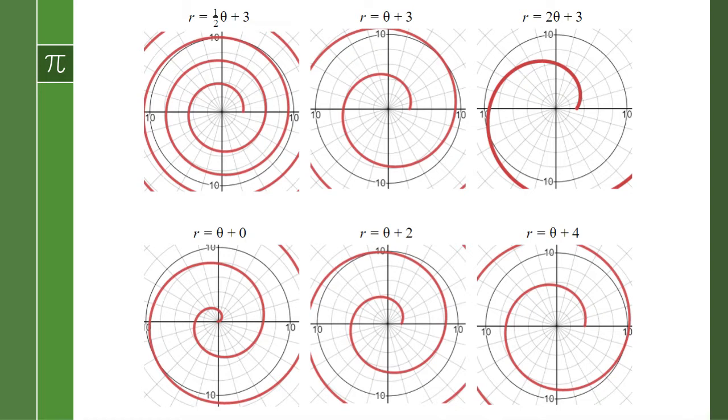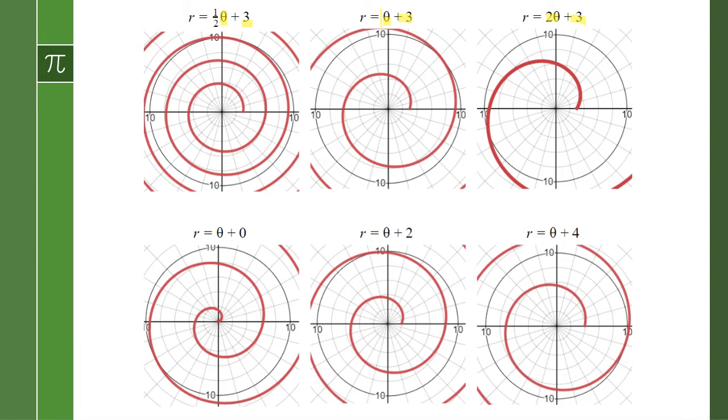and we want to look at what patterns we observe. So the first thing we want to notice is the overall format of the graph. All of these have the form r is equal to some coefficient, a theta, and then a constant added on at the end. So here this would be a coefficient of 1, a theta, and constant 3. We could have 2 theta, constant 3.